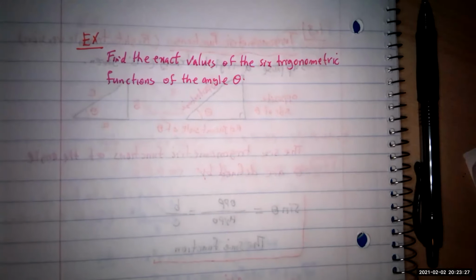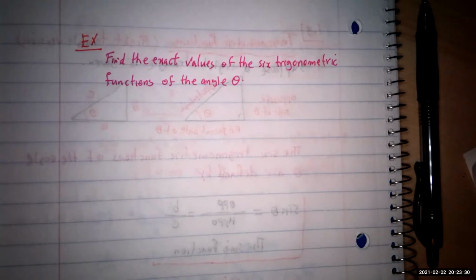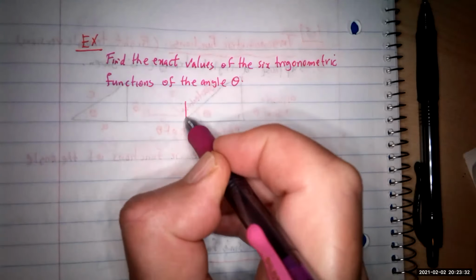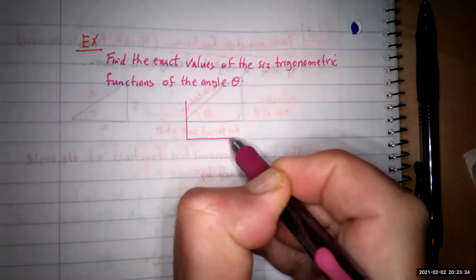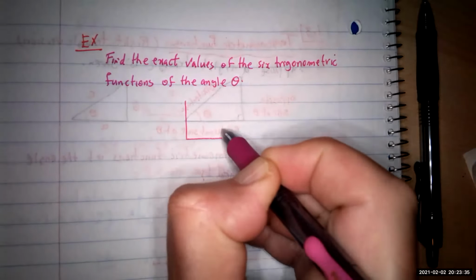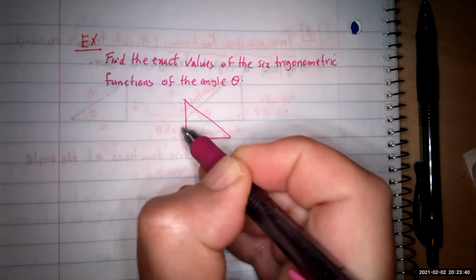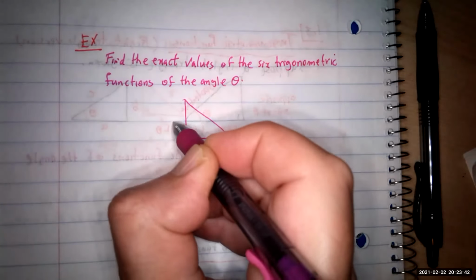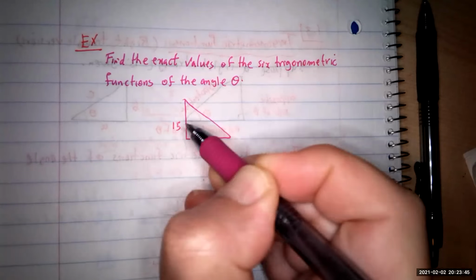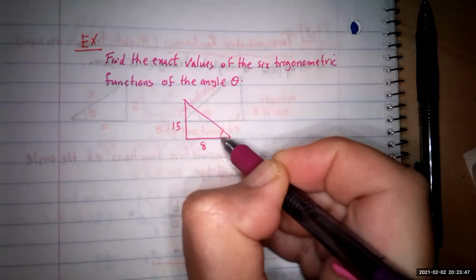So a triangle would be given to you, and then they ask you to do it. This is the triangle. The information that you have is this is 8 and this is 15. And this is your theta.